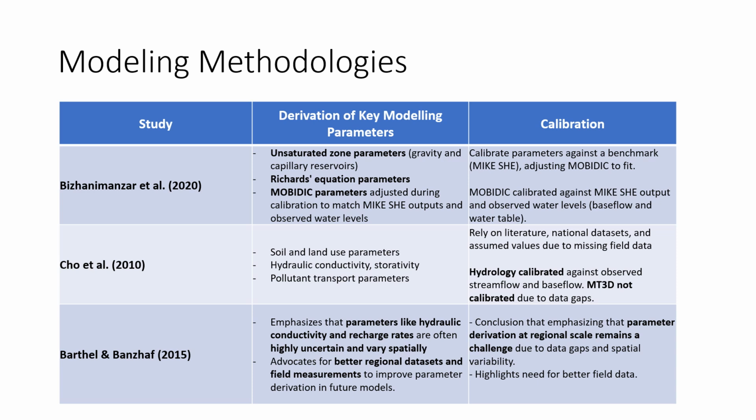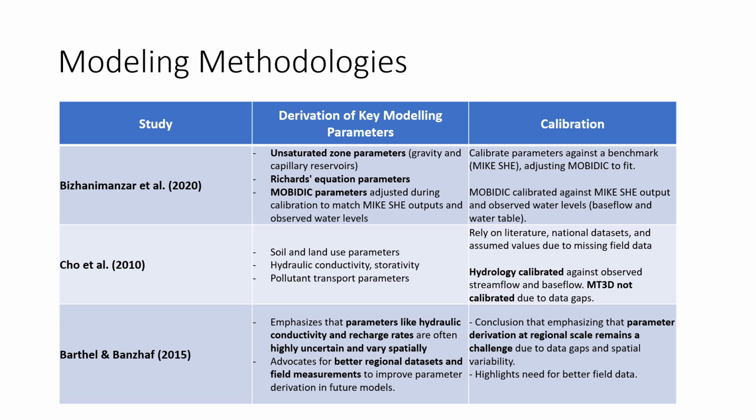In the second paper, the derivation of the key modeling parameters was related to the soil and land use parameters, hydraulic conductivity and storativity, and we also had the pollution transport parameters. Here, the calibration mainly relies on the literature, national databases, and assumed values due to the missing data.